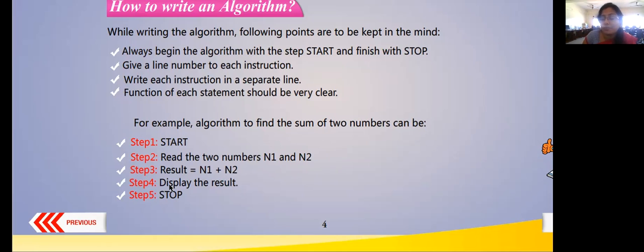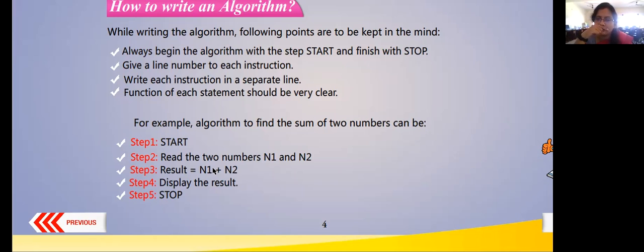Fine. Now I have to tell the computer to display the result. If I do not use the step display result, what will the computer do? It will add and keep it in its memory only, right? For example, in an exam, there's a competition going on and I give a child a problem: add 5 plus 5.